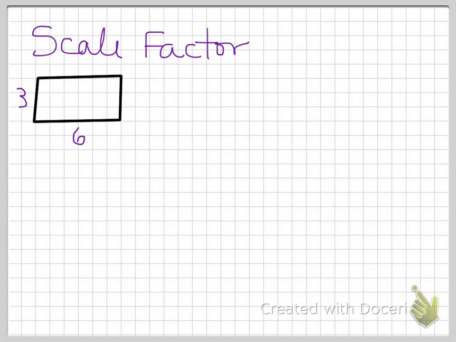So if R equals 2, that means I'm going to be multiplying all the sides of this rectangle by 2. So I would end up with a rectangle that was twice as wide. So 12 wide, and then it would be 6 in this direction.